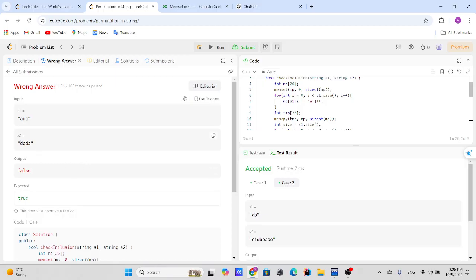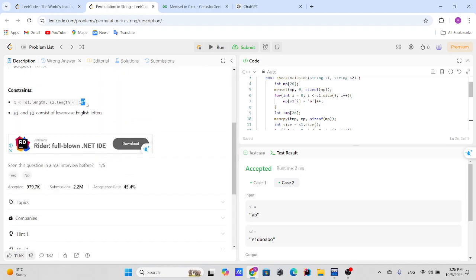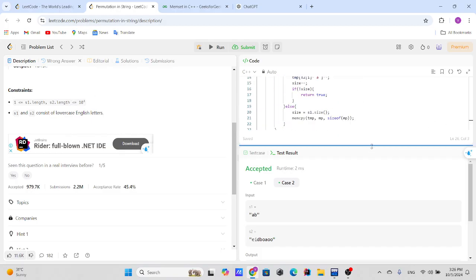Maybe a multiset? I don't know. Should I do a multiset or something? Actually, I can do it in n multiplied by n, right? Huh? Can I?